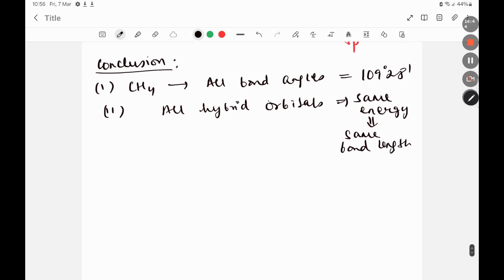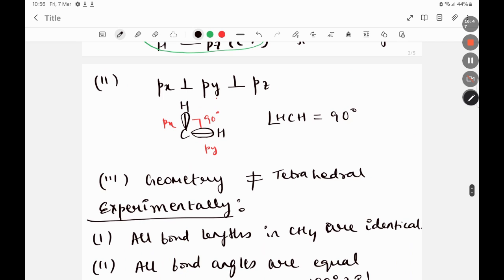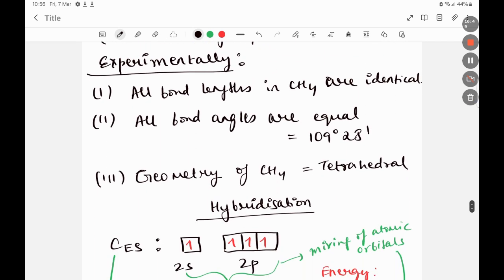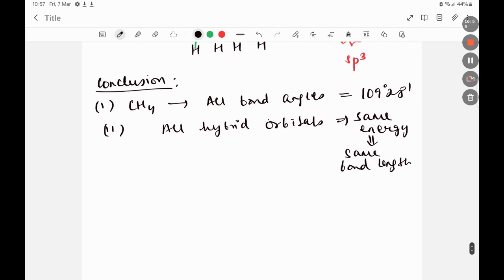So you can clearly see that the experimental observations which we had arrived at are all coming true. Now the bond angle part, yeah, this one is also coming true.